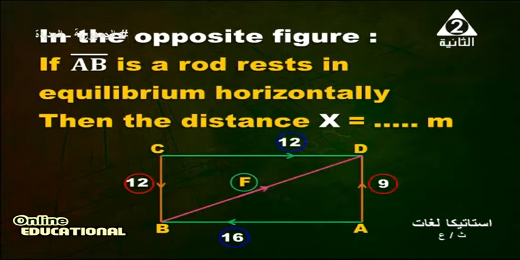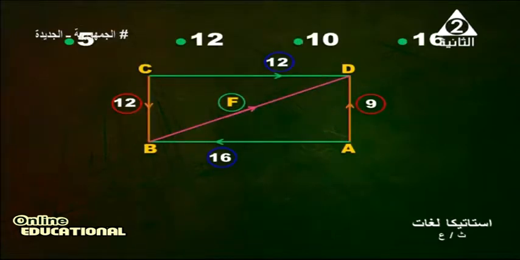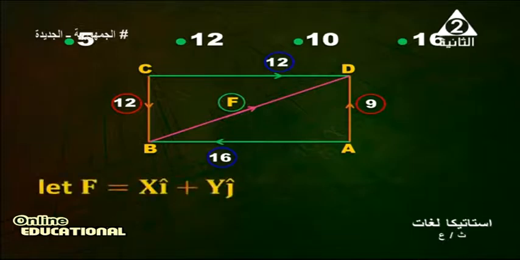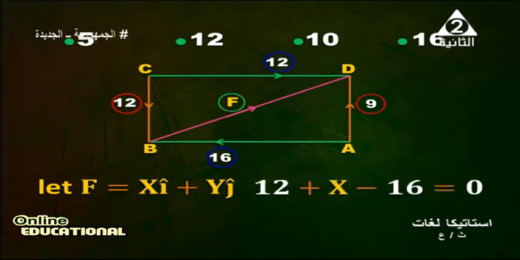Look at another example. In the opposite figure, AB is a rod resting in horizontal equilibrium, then x equals what? 5, 12, 10, 16. We have how many forces? Let, my dear student, the force F, we resolve it into two components, xi plus yj.